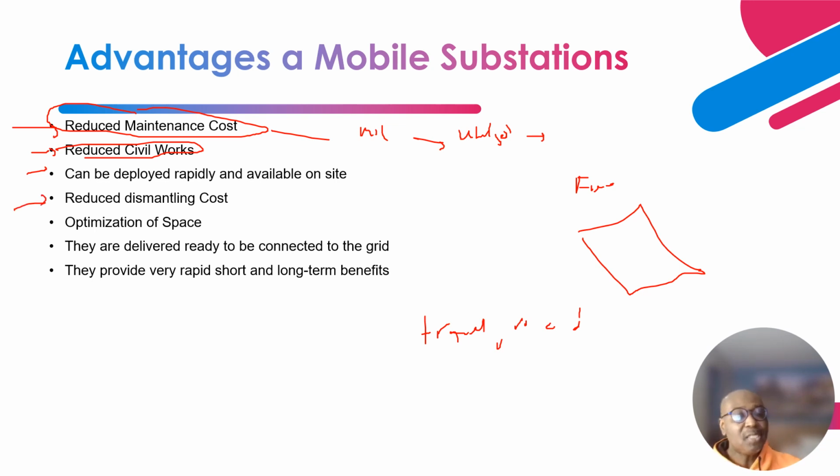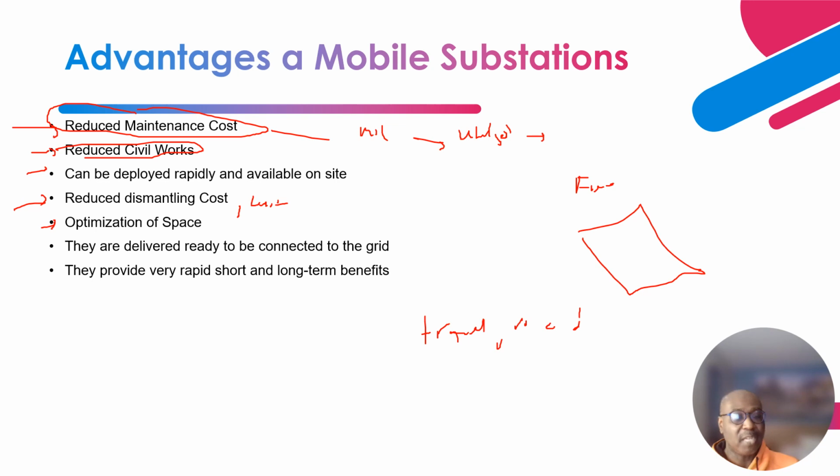Okay, so the next is reduce the dismantling cost, right? This one is already assembled before it gets there. Everything, you're ready to basically plug and play. You're ready to connect it to the high voltage side and also connect it to the low voltage side. Think about it: less time that you use translates into reduced maintenance cost. You're spending less time, less labor, less material to integrate this to the existing substation.